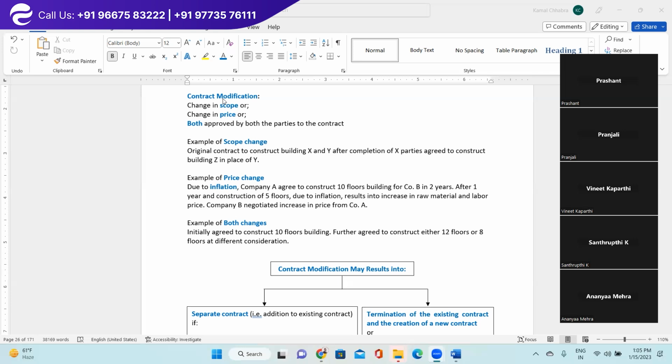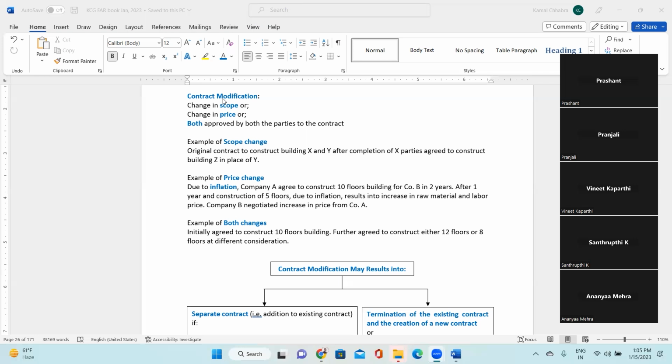You sold that piece of land before the start of the work, and immediately purchased another piece of land nearby. So there is a new contract which you are entering into with the same contractor, but changing the space and changing the scope. Right? The next example is change in price.